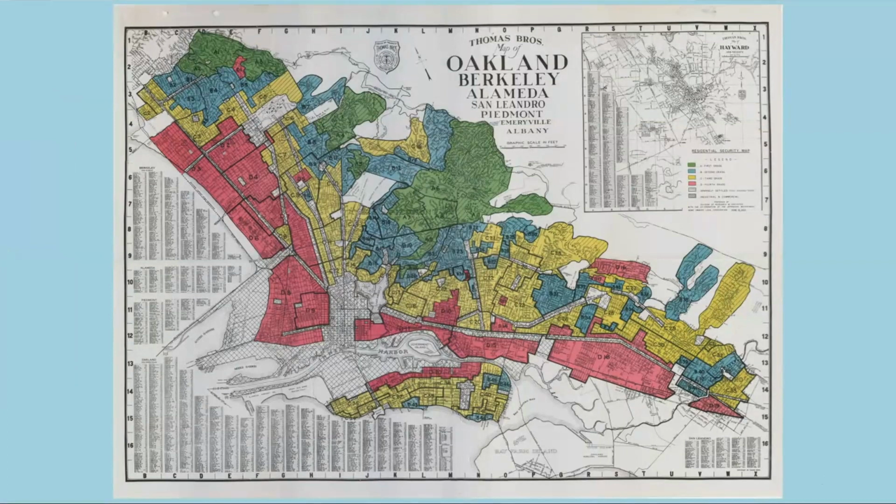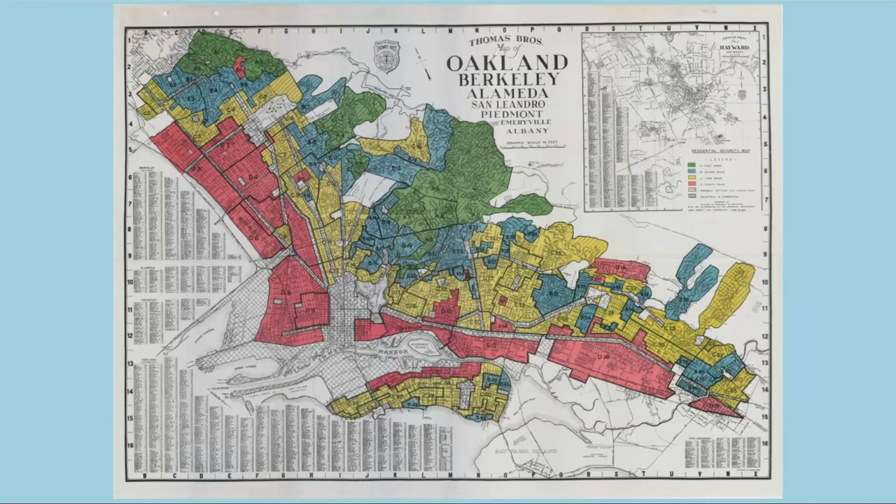And the yellow areas were marked grade C because there was older housing, lower income residents, and higher racial diversity. And the blue areas were marked grade B because these areas were considered favorable for housing investments because they had well-maintained housing and residents were mostly middle class.